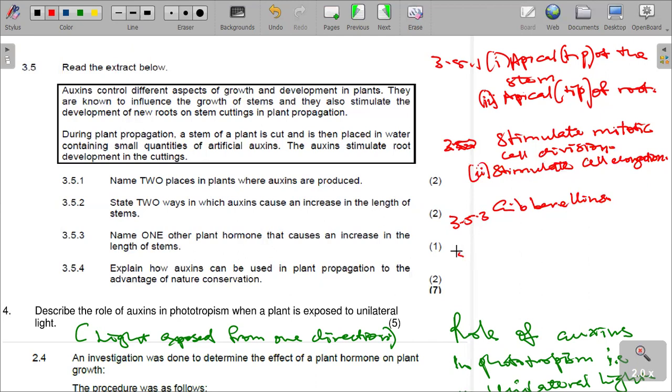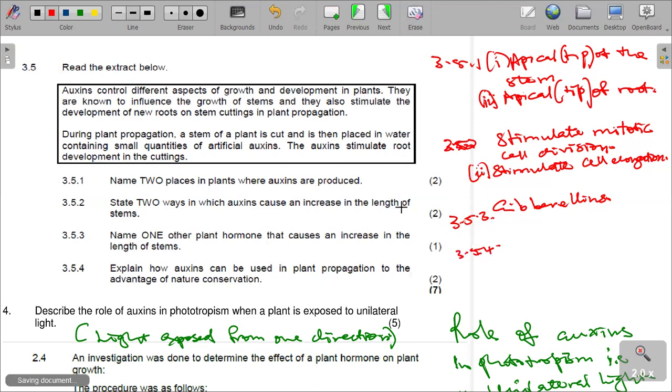3.5.4, explain how auxins can be used in plant propagation to the advantage of nature conservation. In terms of propagation, we are talking about the growth of plants through artificial means, which is through cuttings. So this can also be used for increased plant growth.